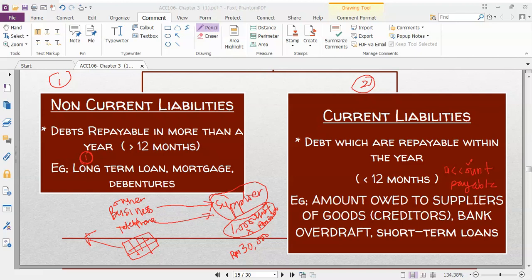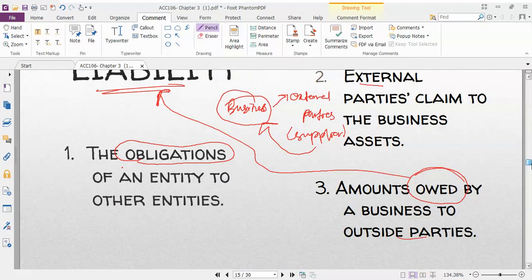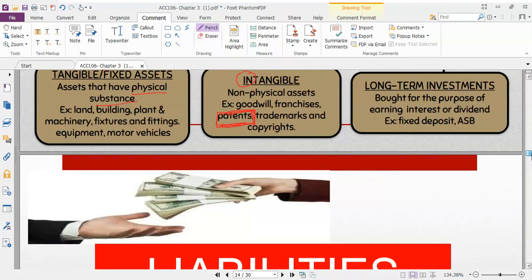What do you understand about account receivable? Explain one by one. What is account receivable?